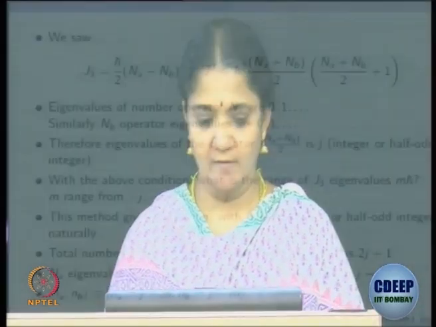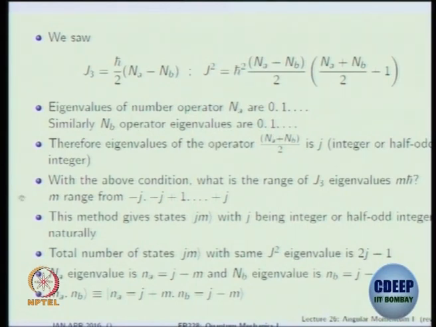So, formally, I would say that I can either use Na comma Nb, which is equivalent to Na is J plus M and Nb is J minus M, which I can formally write as J comma M. Either the state can be denoted by Na comma Nb, or I can denote the state by J comma M. That is no problem, where the relation between Na and Nb to J and M is exactly this.